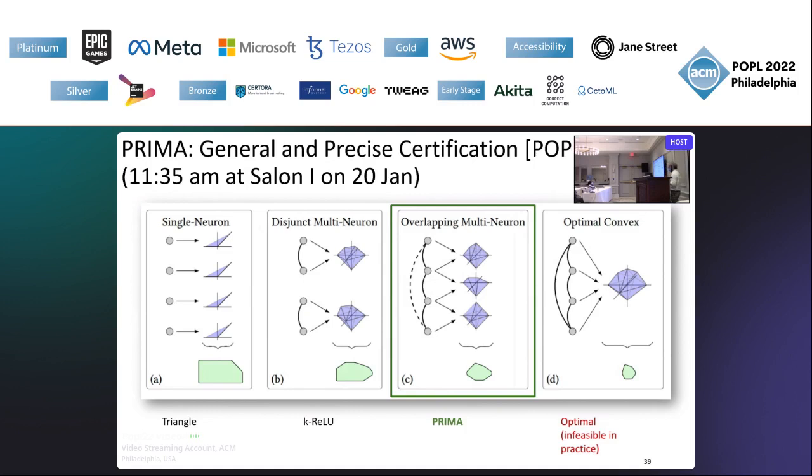The benefits of this approach, because the approximate convex hull is faster, you can actually keep more groups together. So previously, when we were computing 3ReLUs, we looked at the disjoint set. So we partition, if you had, let's say, 48 neurons, 16 groups, where each group has 3 neurons together. In this case, we can actually compute overlapping groups.